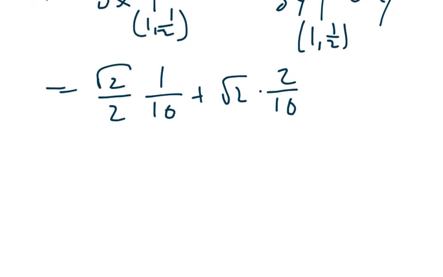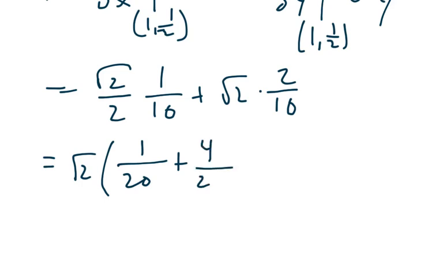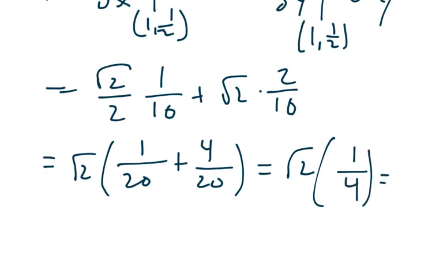So I'm going to write this as square root of 2 times 1 divided by 20 plus 4 divided by 20. Right? 5 divided by 20 is 1 divided by 4. So square root of 2 over 4. That's the error we're getting.